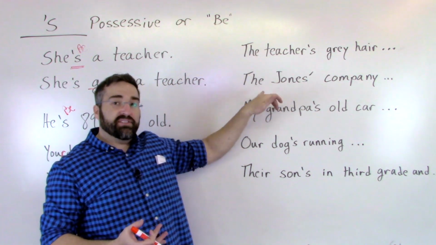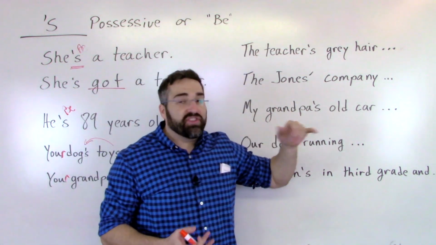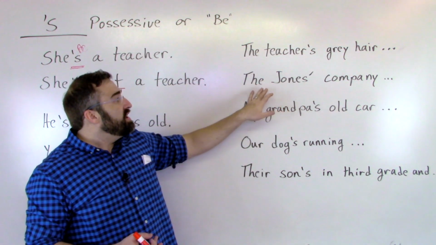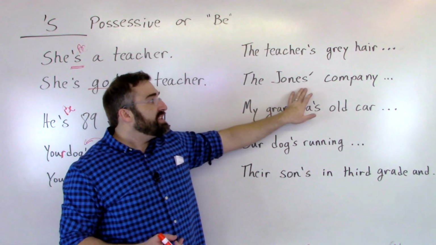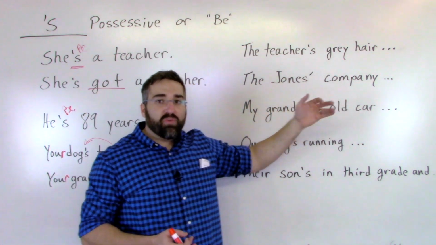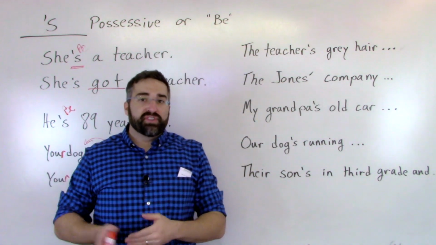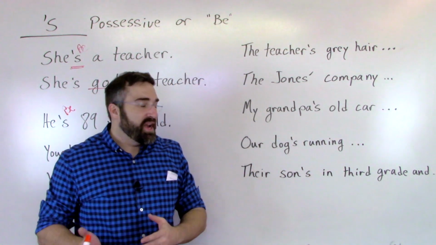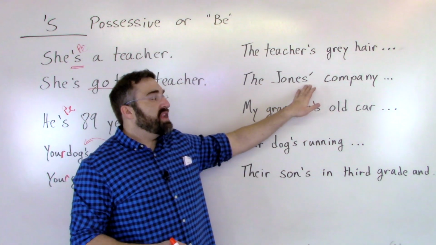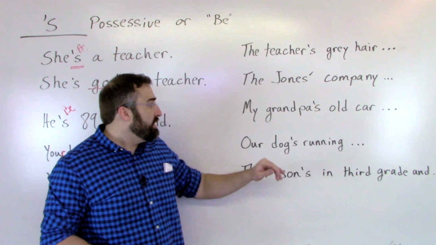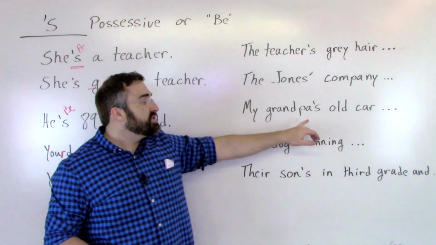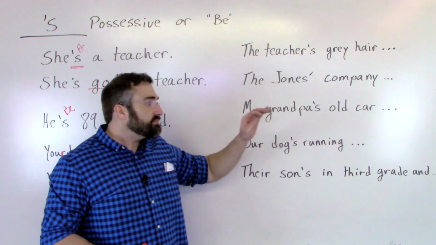The next one, the Jones Company, the Joneses' Company. So we're not saying the Jones is company, are we? We're talking about the company that the Joneses have. They have a company. So we know it's going to be has here. My grandpa's old car.